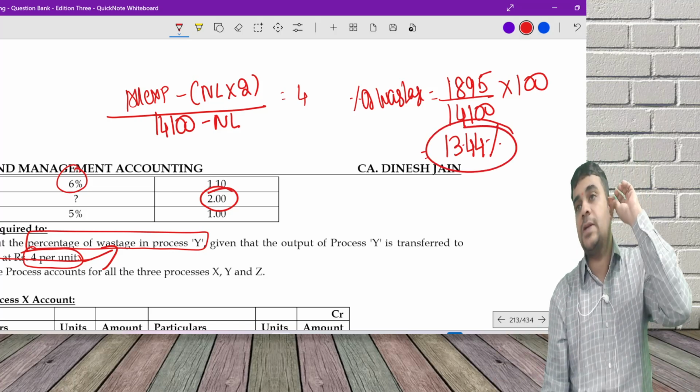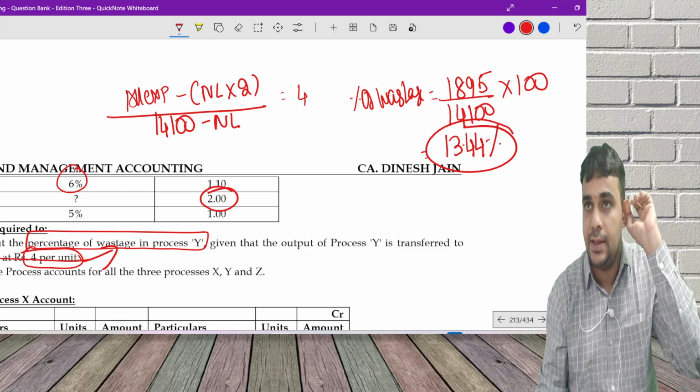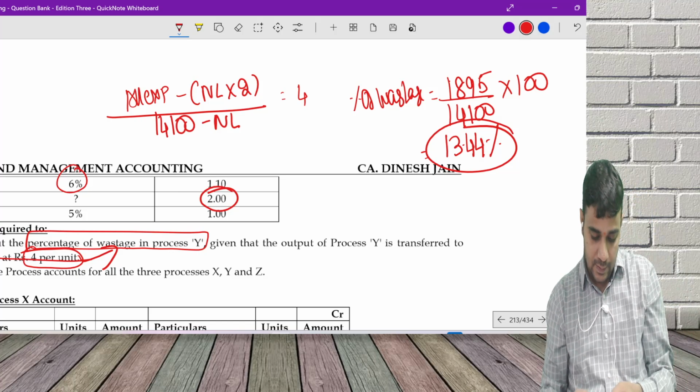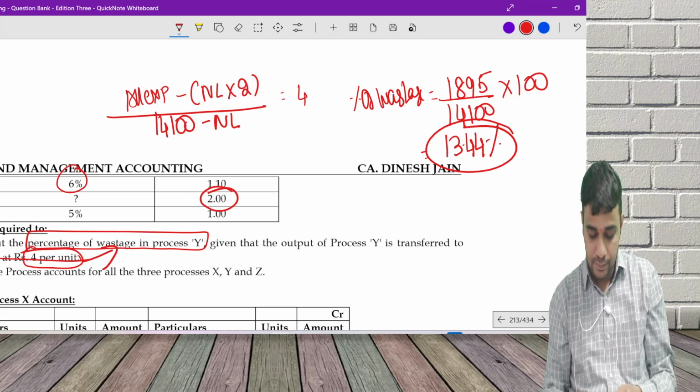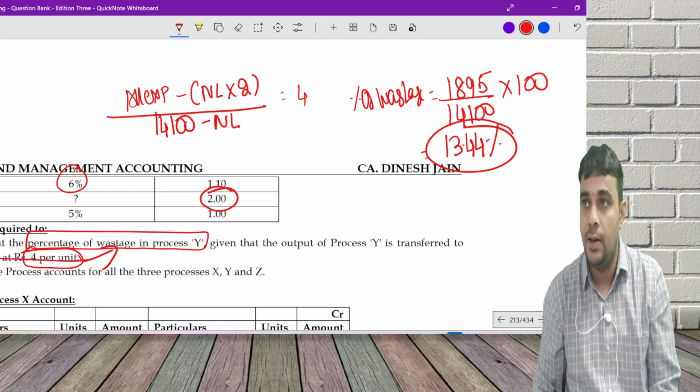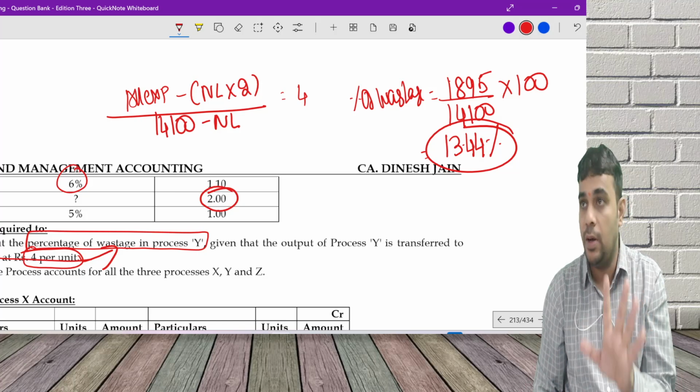They have asked for percentage, so I have to calculate the percentage, 13.44 percent. Any doubts on this? Clear? Now it becomes like a normal problem for the process.